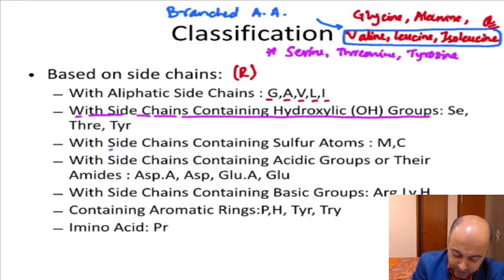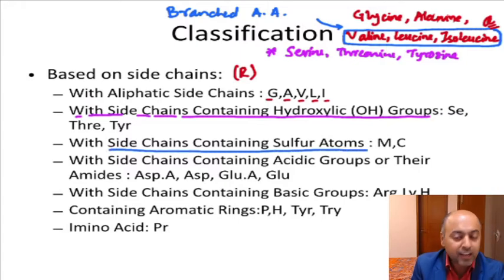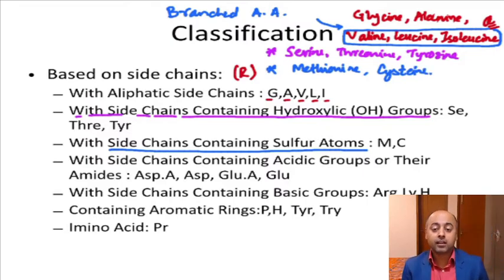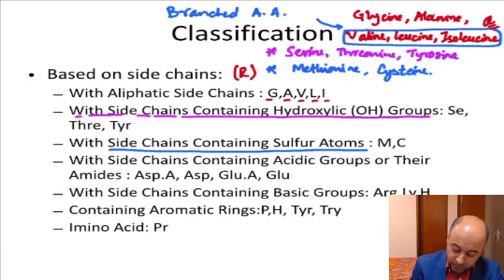Then we have side chain containing sulfur atom. I'm sure all of you know these two names: methionine and cysteine. These are the two amino acids having sulfur in the side chain.